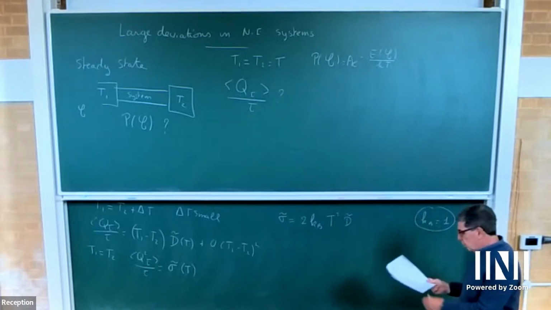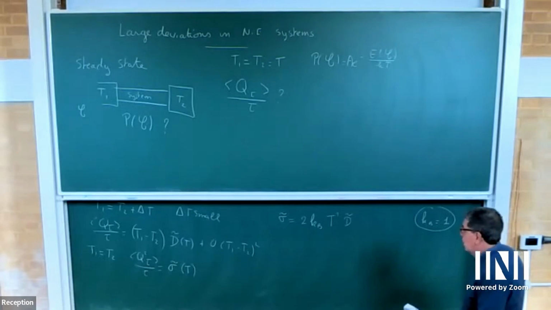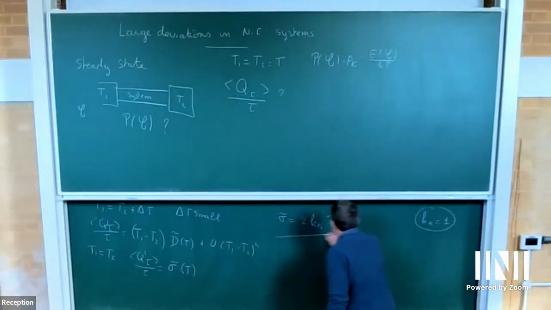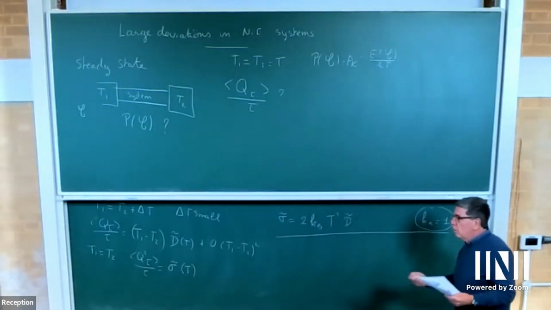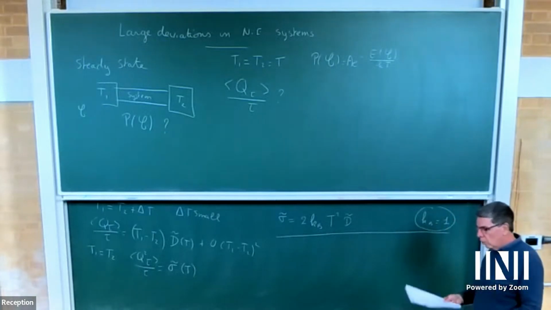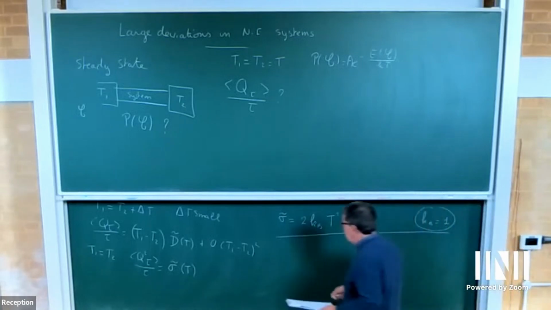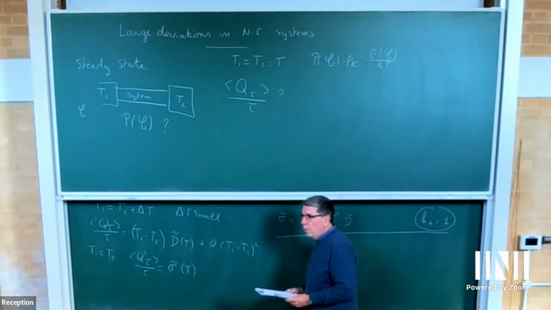So this is linear response theory. Now, one way to derive it is with the usual way of linear response theory. But there is another way to derive it, which is using the fluctuation theorem.